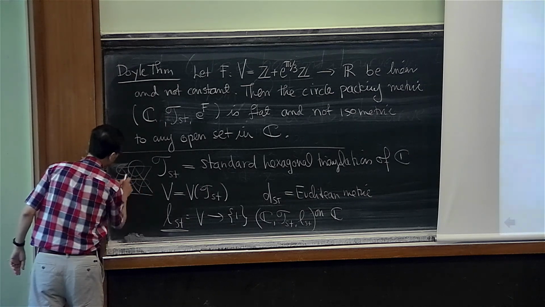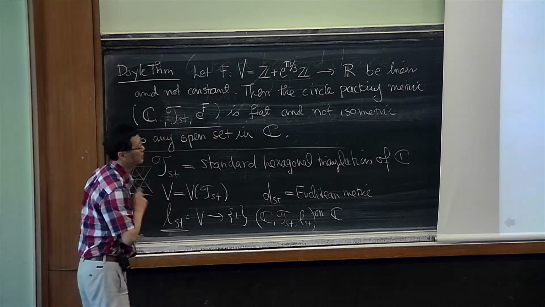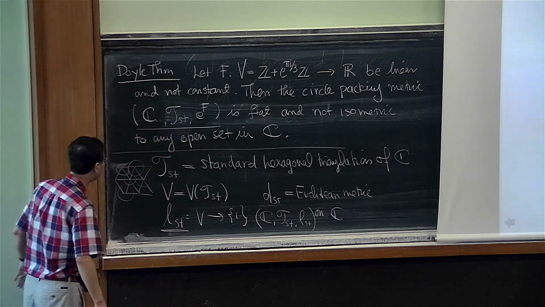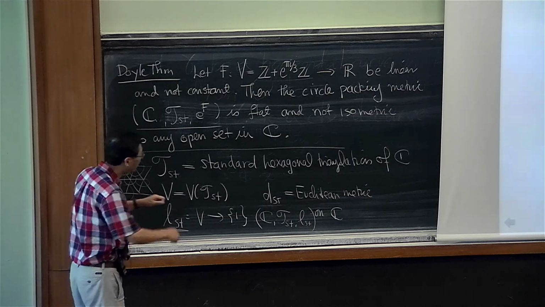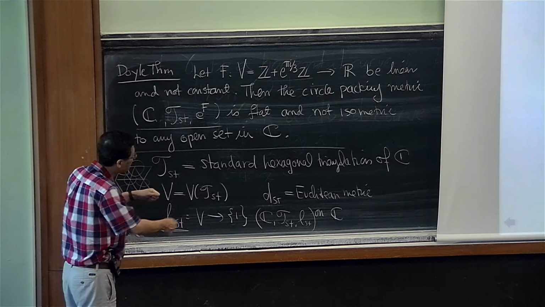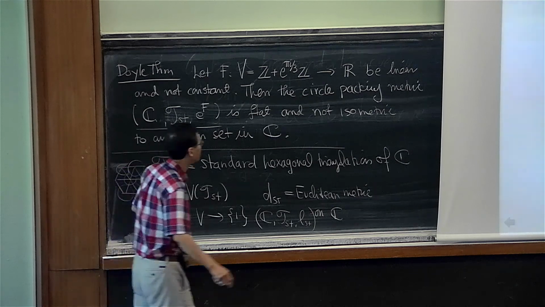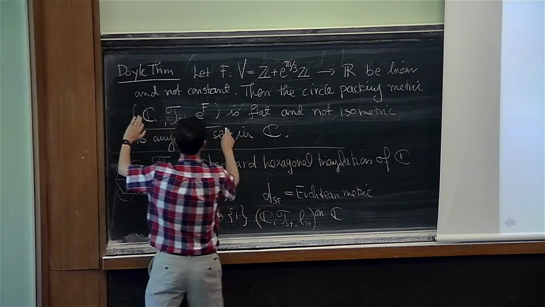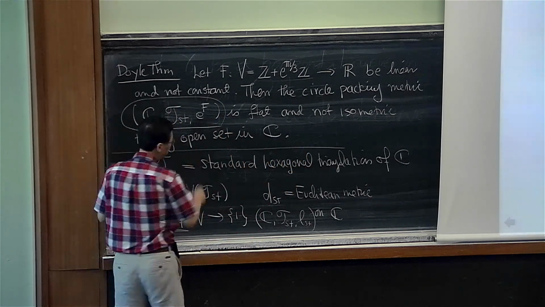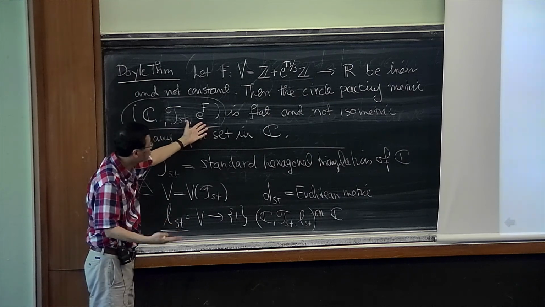Think of that as a radius, and this circle packing metric is always flat. We verified that, and second, as I always mention, it's a spiral circle packing. One consequence is that this is now a simply connected metric space whose curvature is equal to 0.